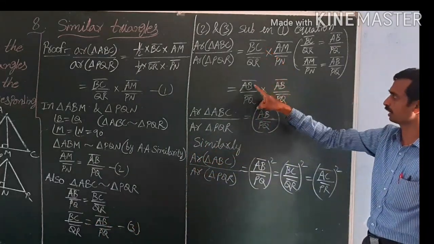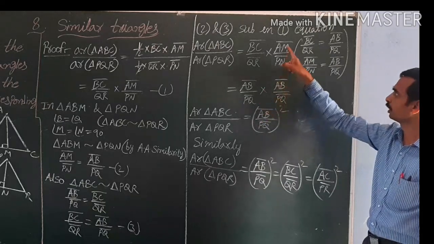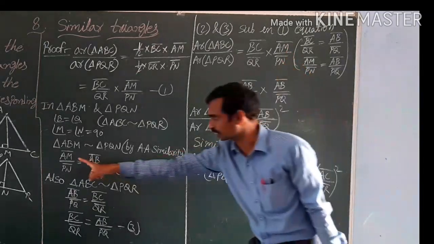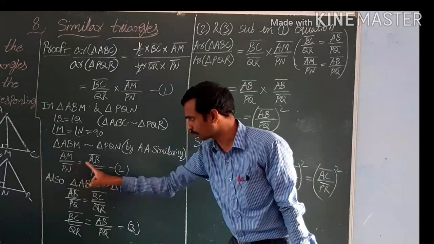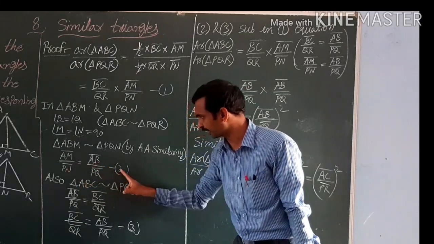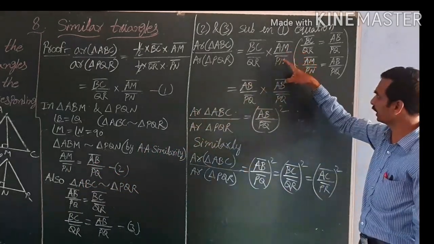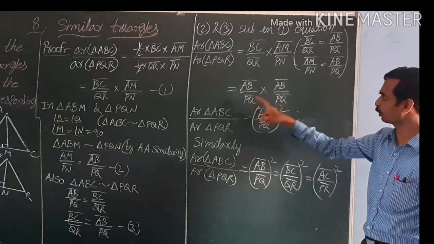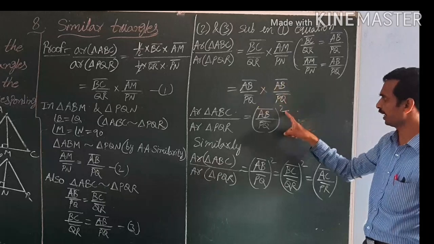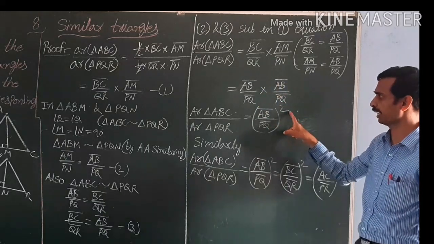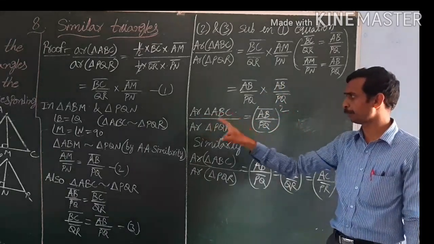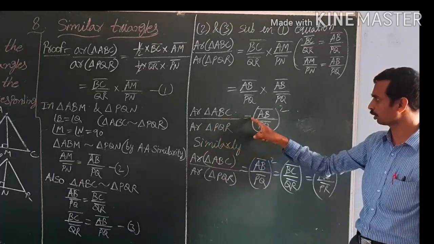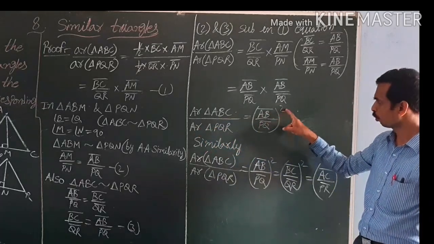And from the second equation, AM by PN is equal to AB by PQ. Now AB by PQ coming two times, we can take as the square. Area of triangle ABC by area of triangle PQR is equal to AB by PQ whole square.